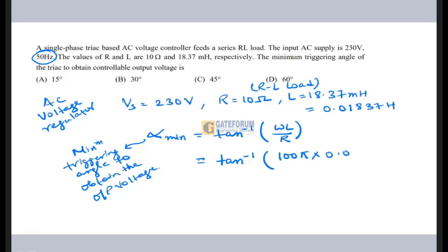So 0.01837 divided by R, R is 10 ohm. After solving this, 100 pi into this divided by 10, then taking tan inverse, you'll get alpha minimum equivalent to 30 degree. So option B is the correct answer here.